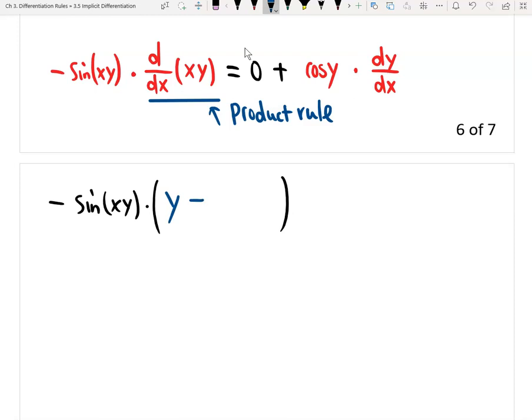What is the second? The second is the first x times derivative of the second term. Second term is we use dy/dx. Can you see this? What we use the product rule. And then we're going to the right. Of course, I ignore the 0. I copy cosine y times dy/dx.